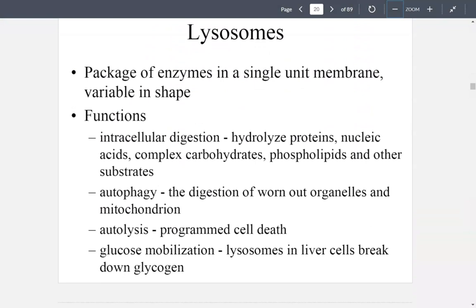Lysosomes, specifically, are going to be packages of enzymes in a single unit membrane, meaning it's one layer, and they vary in shape because it depends on what they have within them. If it is involved in intracellular digestion, it will have enzymes that will help hydrolyze proteins, nucleic acids, complex carbohydrates, phospholipids, and any other substance within the cell.